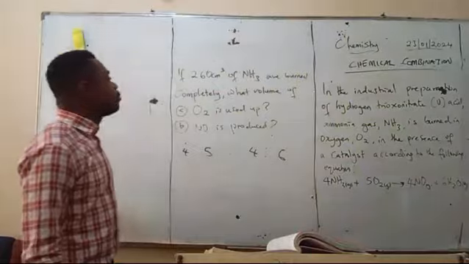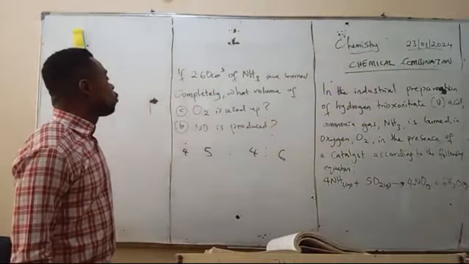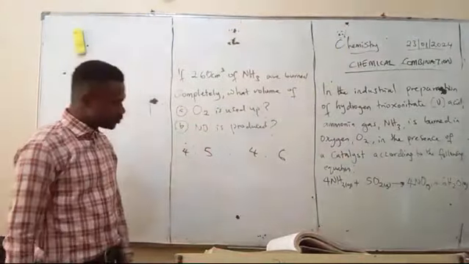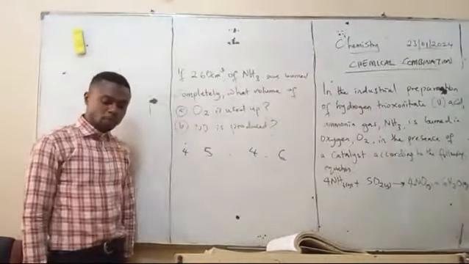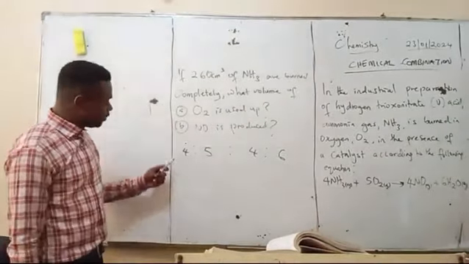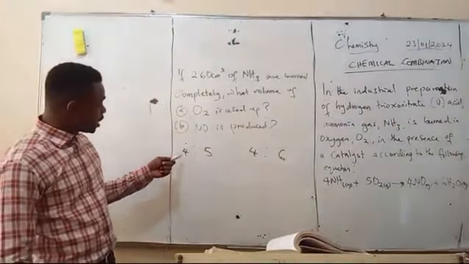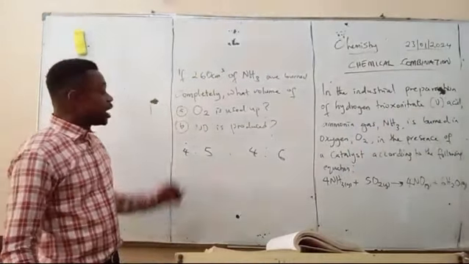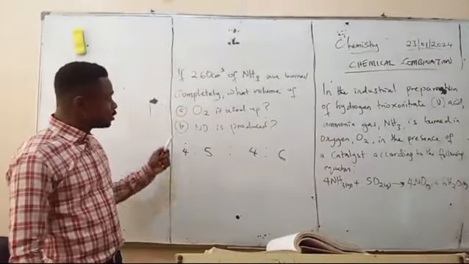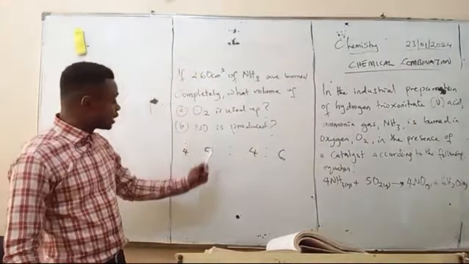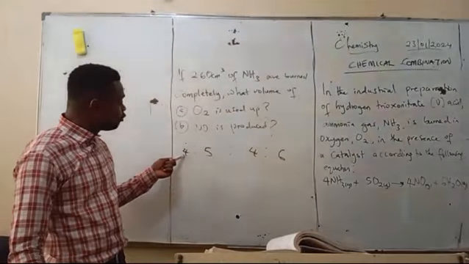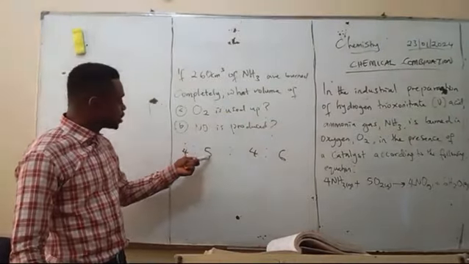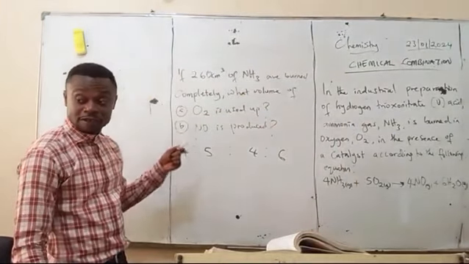Now the question says, if 260 cm3 of ammonia is burned completely, what volume of oxygen is used up? Now look up. If you look at the ratio between ammonia and oxygen, at any point in time the mole ratio of ammonia to that of oxygen will always be 4 is to 5.